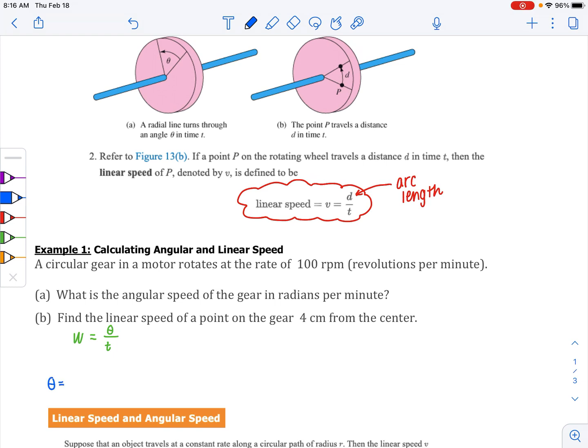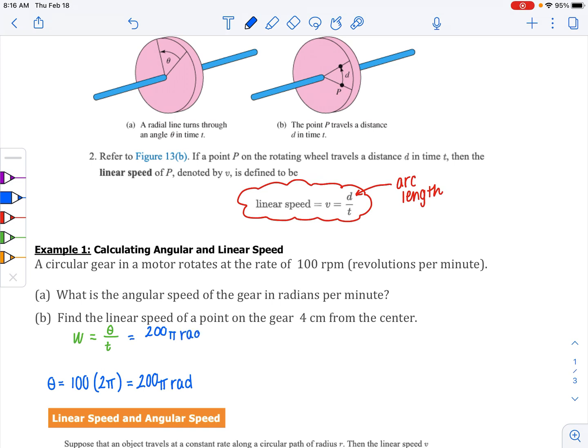To get my angle, I know each revolution is 2 pi radians. So 100 times my revolution. So really my angle here is 200 pi radians. That is my numerator.